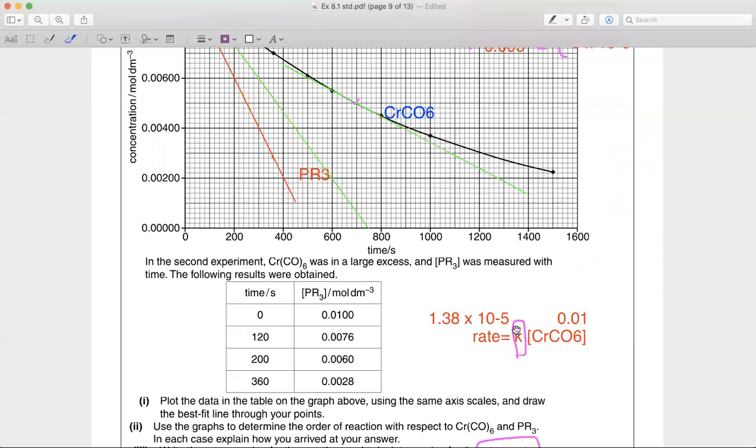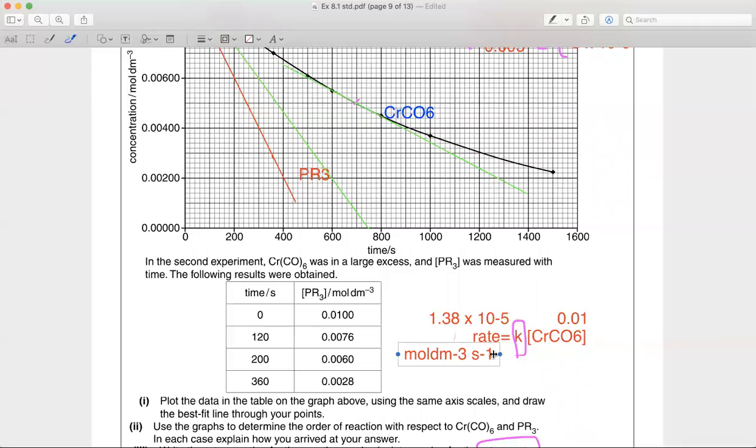The other thing is the units for k. People still get confused. The unit of rate is always mole per dm cube per second. Always. It does not depend on what concentration or how many brackets you have here.